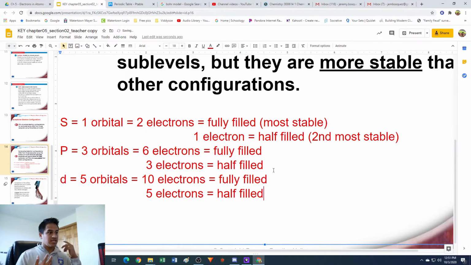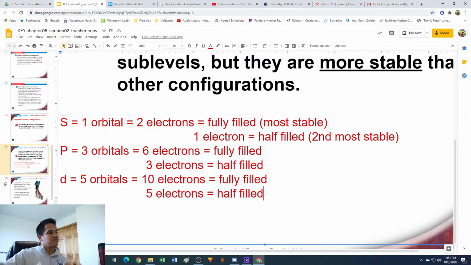Anything that isn't 10 or 5 isn't special. For p orbitals, anything that isn't 6 or 3 isn't special. So what this is basically saying is some elements will fill these up to be either fully filled or half filled, or they'll move electrons around so that some of these are fully filled or half filled, and they kind of break the rules.